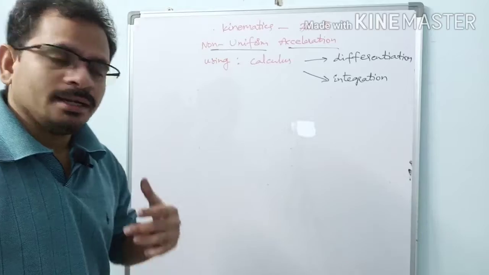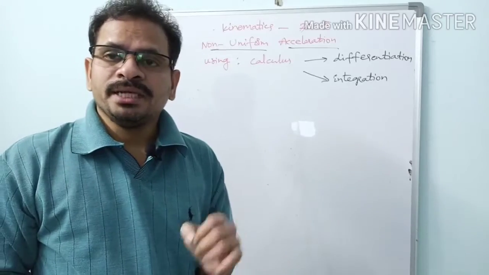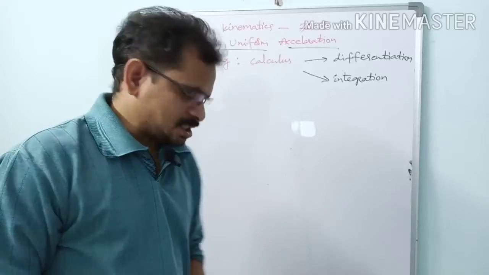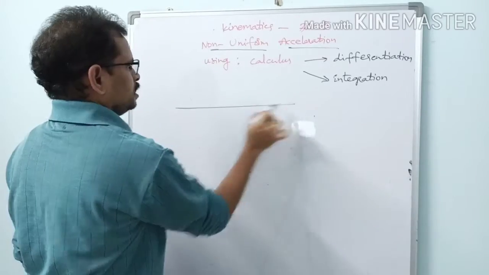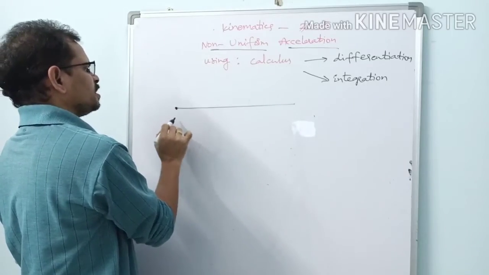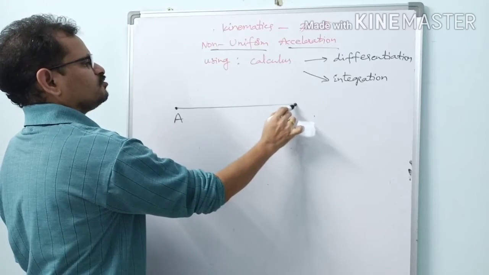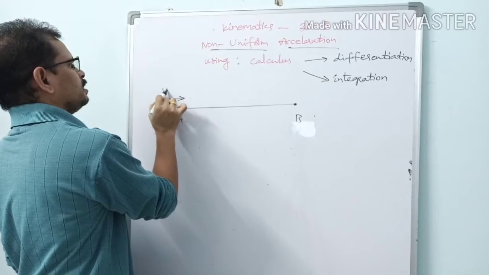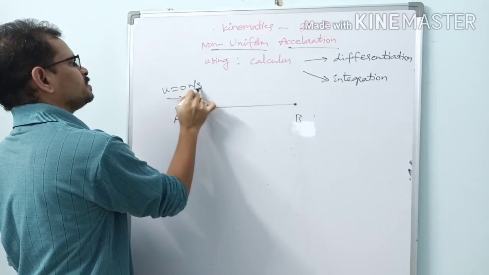And before that, let me brief you regarding what is uniform acceleration and what is non-uniform acceleration. Let us consider the journey of a particle from A to B. At initial point A, let the initial velocity be 0 meters per second.